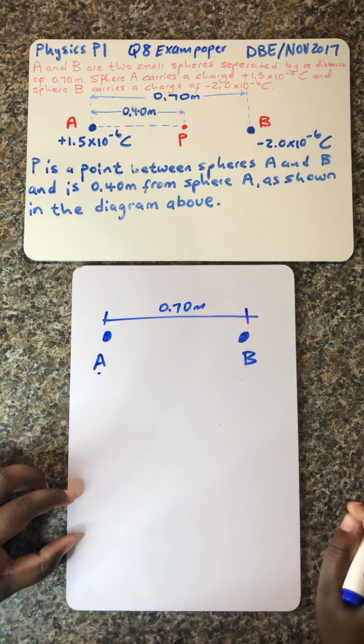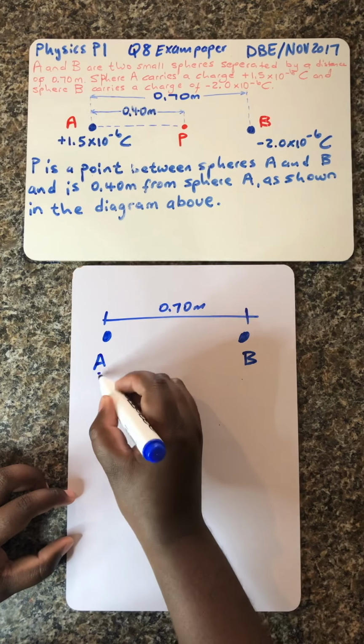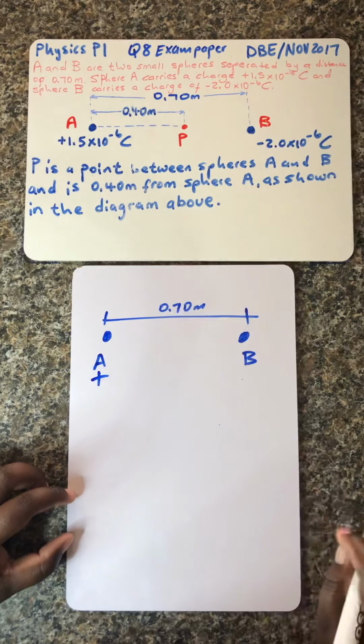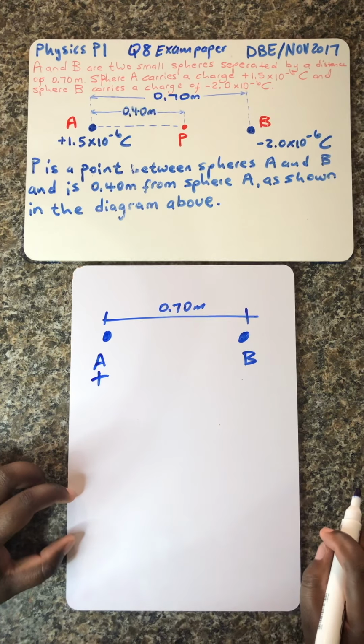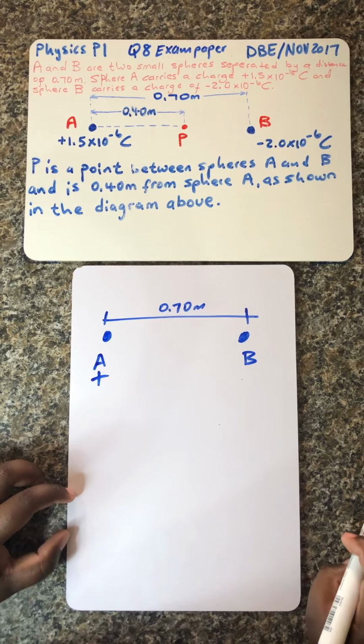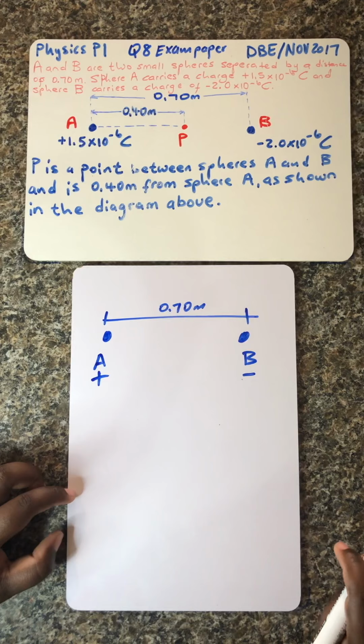Okay, so now remember, we've got A and B separated by a distance of 0.70 meters. The statement carries on to say sphere A carries a charge of positive 1.5 by 10 to the power negative 6 coulombs, and sphere B carries a charge of negative 2.0 by 10 to the exponent negative 6 coulombs.